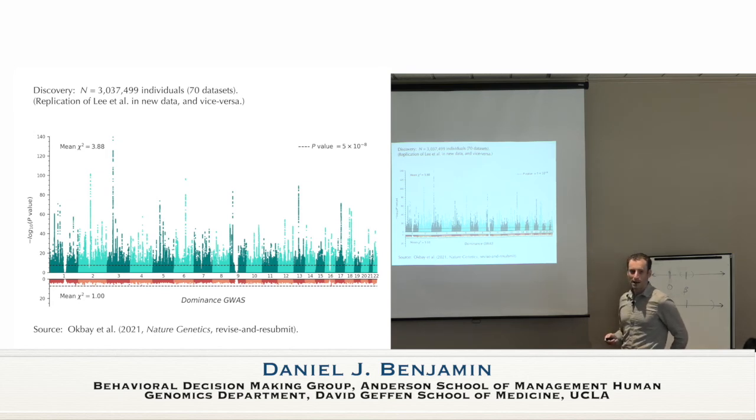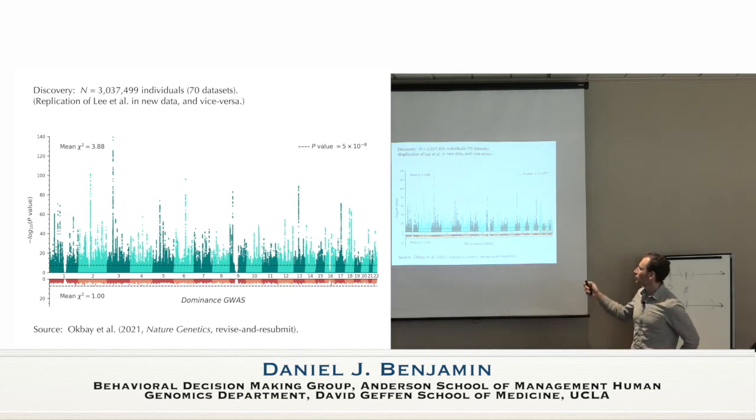Still extremely well-powered. So the fact that we see no genome-wide significant dominance hits means that we can rule out dominance effect sizes, in terms of variance explained, of 1/10 the size.